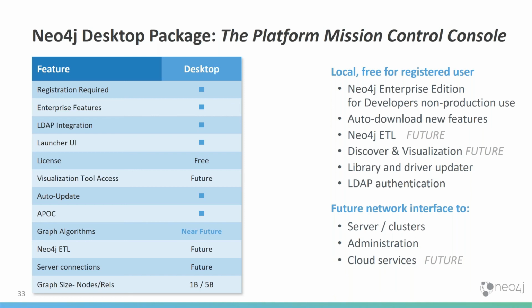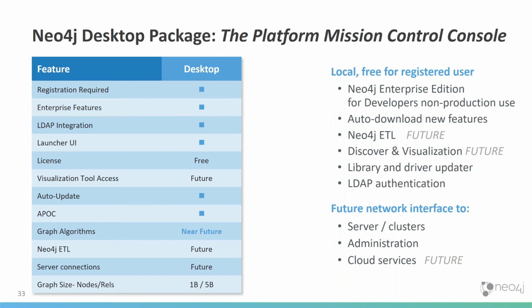And as I said before, as we look ahead to some of the things it will do in the future, it will be able to connect to servers and clusters and offer access to the administration capabilities, like query management, that are built into Enterprise Edition. It will be able to access cloud services and third-party applications.